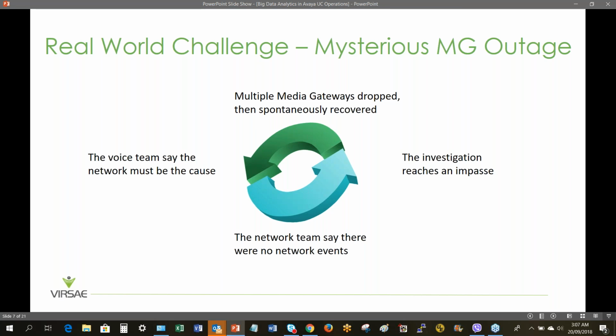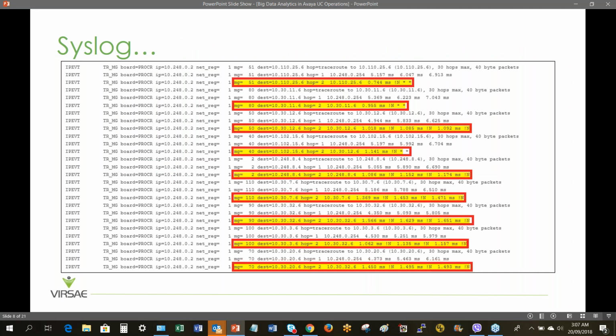No one made any changes. There's no other explanation. Network guys say there weren't any events that they were able to detect. It must be a problem at the voice end, and you kind of reach an impasse. Well, today, and it has been for some time, that information related specifically to those outages is there.